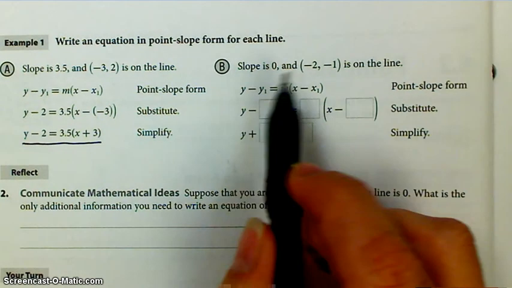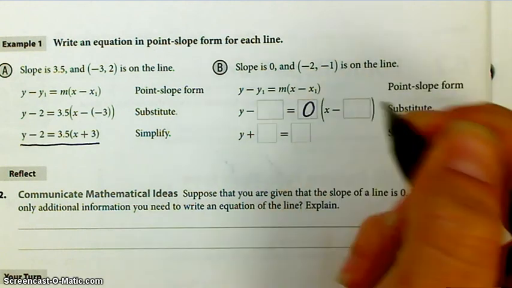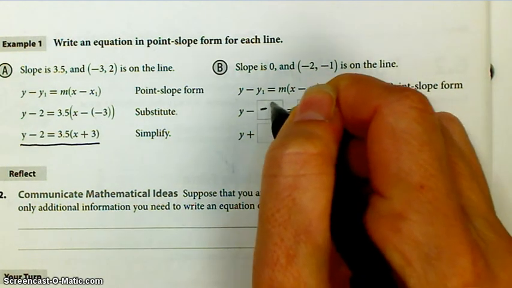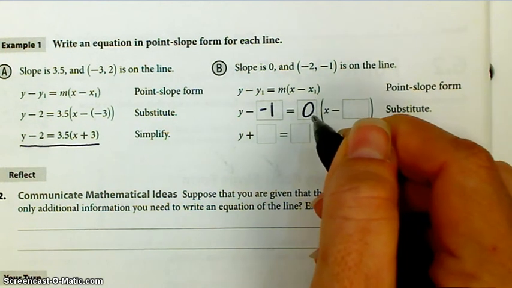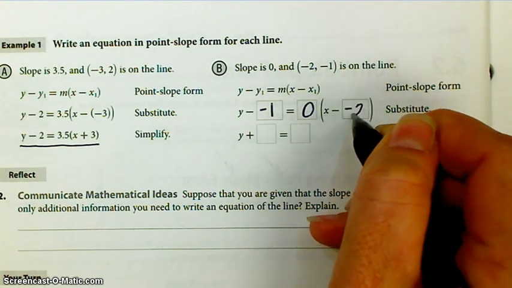Okay, let's do this one. Slope is 0. y minus y1 equals m times (x minus x1).